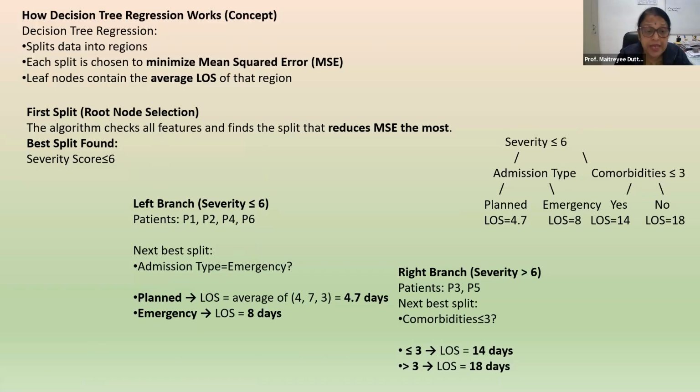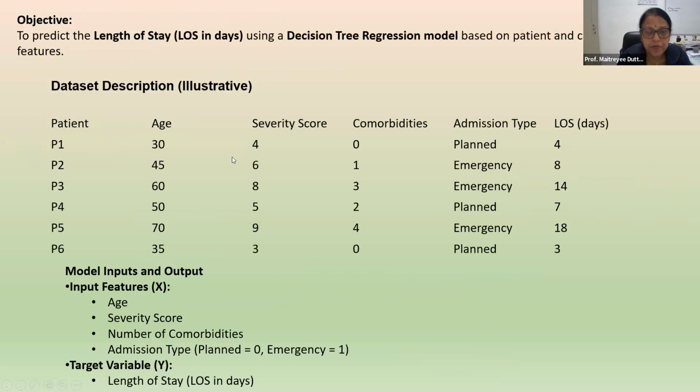Now we have to find the next best split. So we have two branches: one is severity less than or equal to 6, another is severity more than 6. We will see the more than 6 case later. In the case of less than or equal to 6, we find the next level. Here the next best split is admission type, which is planned or emergency.